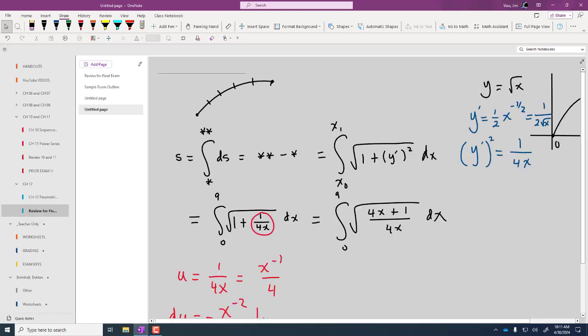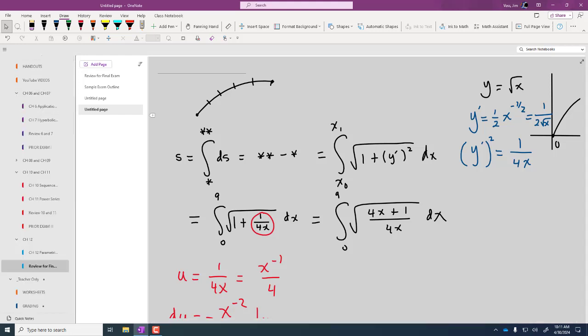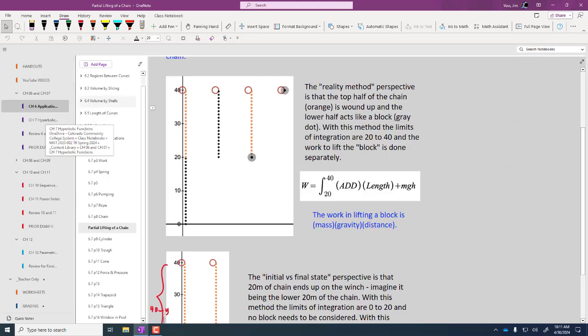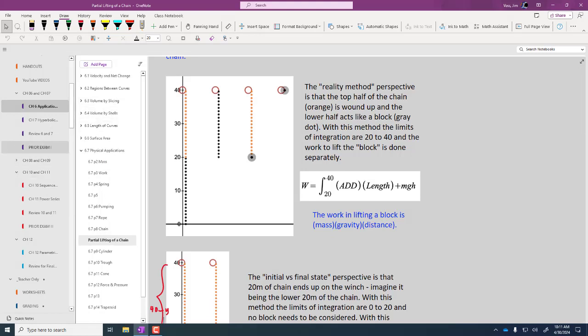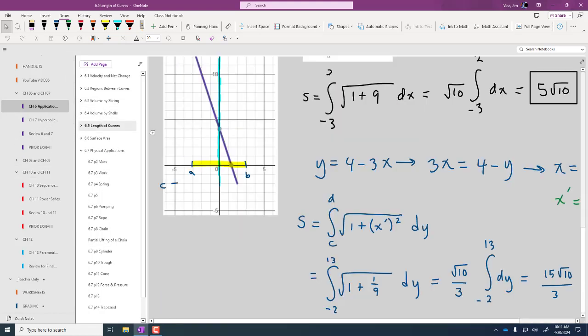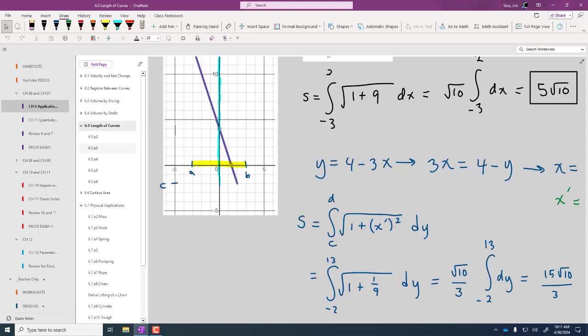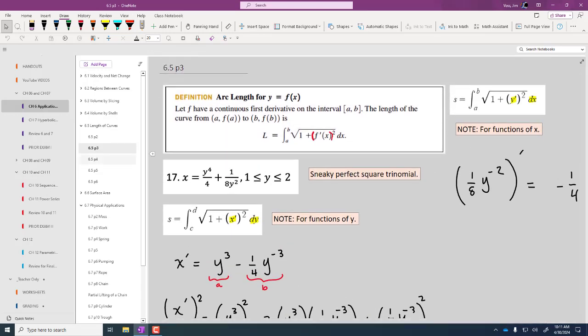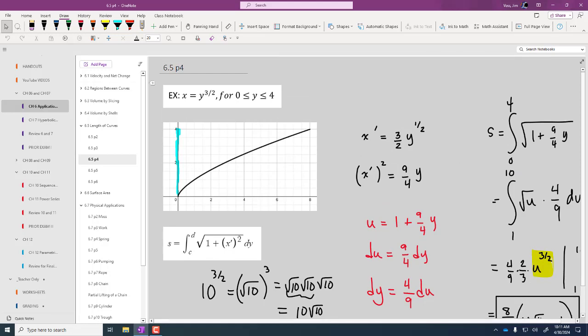Let's go to arc length for a second here. A circle curve is the easiest. Where was arc length? You saw it, 6.5. Oh, thank you, right there. So remember these guys. We had a sum of squares.